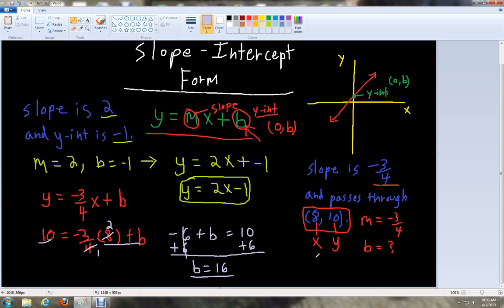There's our value for b. Now we just plug that into our equation, and we have y equals negative 3/4 x plus 16. And there's our equation.